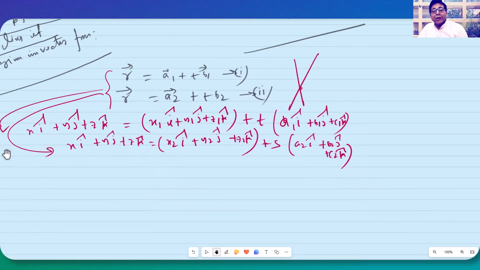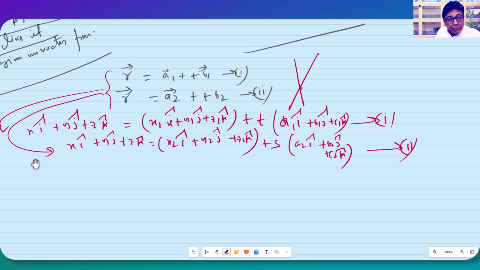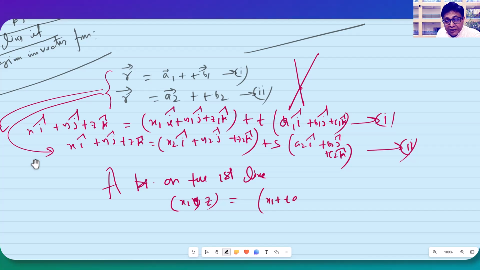Now, how to take a point on the first line? This is your first line. A point, number one we have rewritten here. A point on the first line, x, y, z is going to be x1 plus ta1, y1 plus tb1, z1 plus tc1.